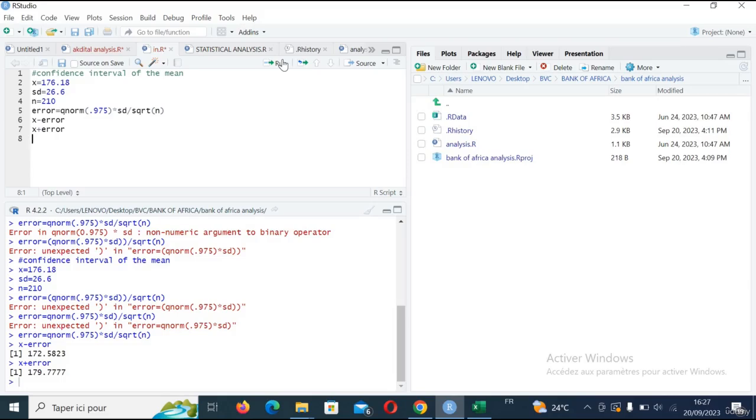So we're going to interpret it at a level of confidence of 95%. It's a level of confidence, it's not a proportion of 95 percent. At a level of confidence of 95%, the value of the action fluctuates between 172.58 and 179.77. So we're going to explain with pencil and paper, in detail, this confidence interval of the mean.